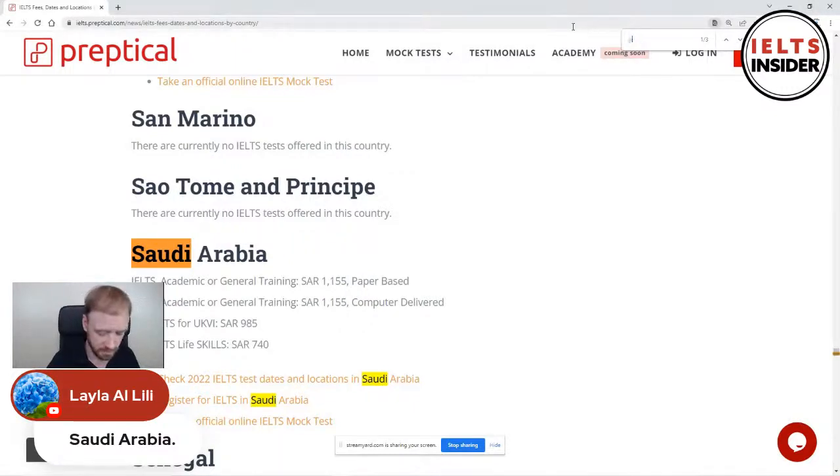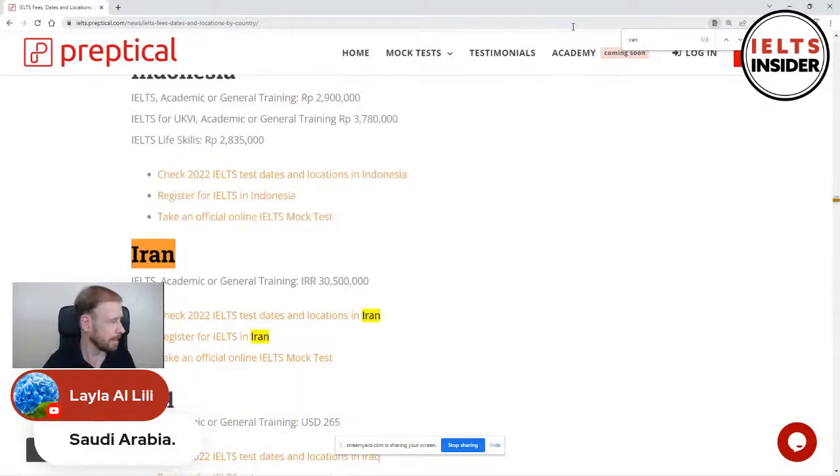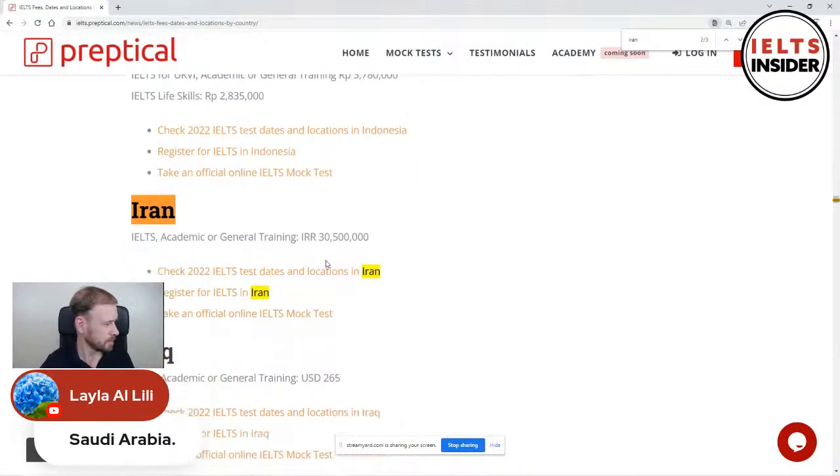Let's take a look. So Iran, the Iranian rial. Whoa, that's a big number. So that's expensive.